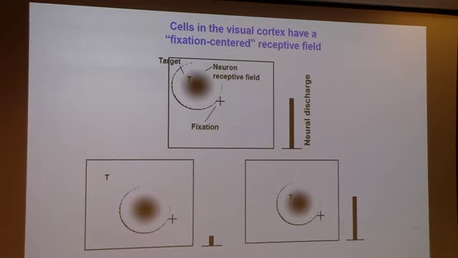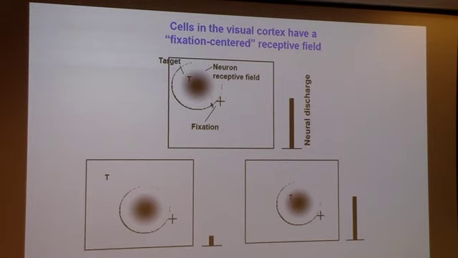So how does our brain encode this kind of information? The most important thing here is that the cells in the visual cortex actually have a fixation-centered receptive field. This receptive field is sort of like a relative field or relative coordinate.